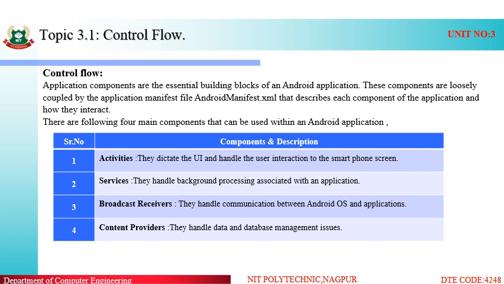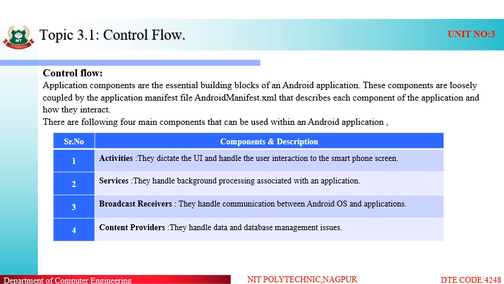Broadcast receivers will handle all the communication between the Android operating system and our application. And the fourth main component is content provider. Content provider will handle all the data related operations, data storage, data manipulation. All the operations are handled by a content provider.